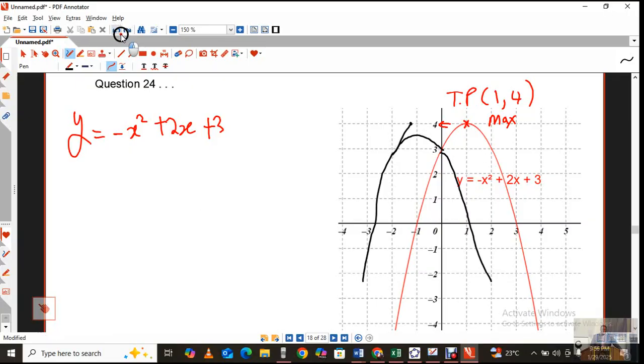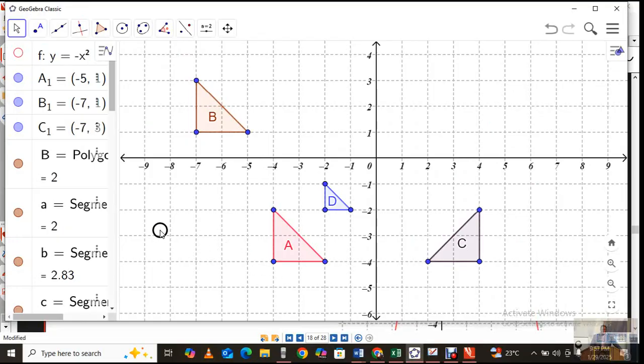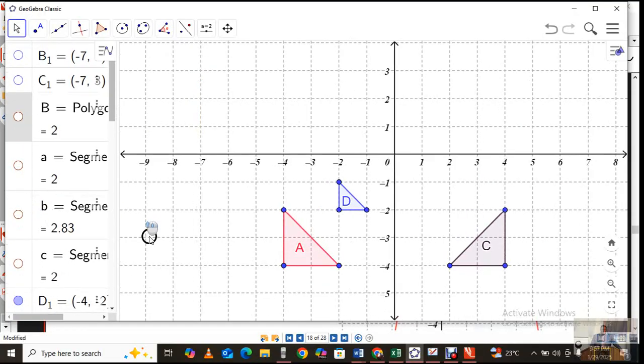Just go to the software so I can show you. Of course, we didn't ask you here to draw that. So let me say I bring the software in. Let me suppose I remove everything here that I have. Okay, for now.